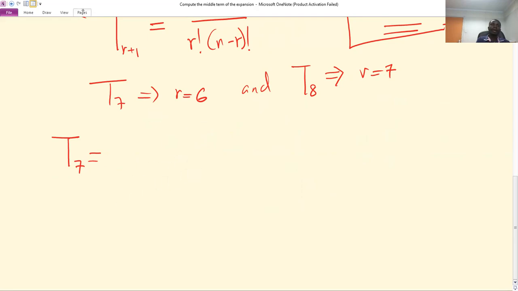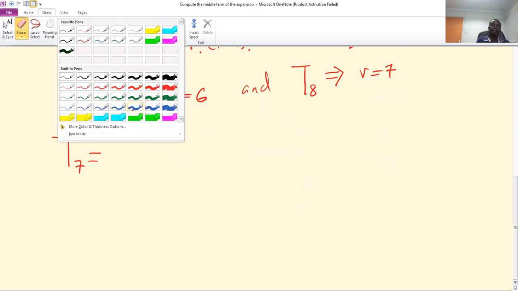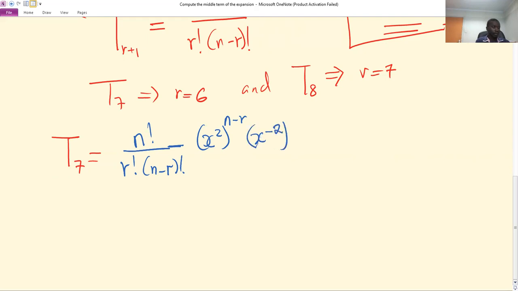So for T7, r is 6, and the formula will be n factorial over r factorial times n minus r factorial, x squared power n minus r, x raised to power negative 2 raised to power r.